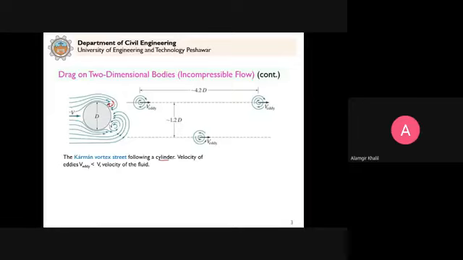Another thing to mention is that this diagram is from the textbook, and in the textbook the velocity is denoted by V. That's why initially I used V, to be consistent with denoting the velocity as we have done so far.